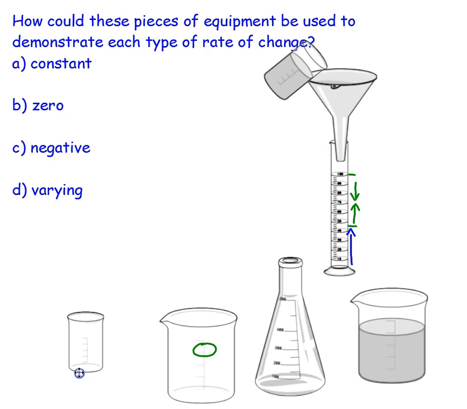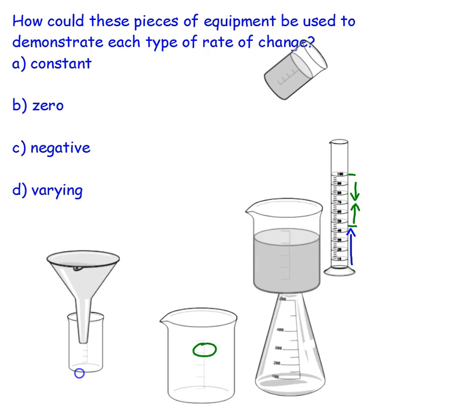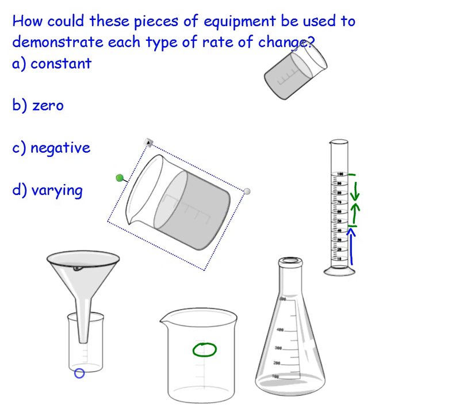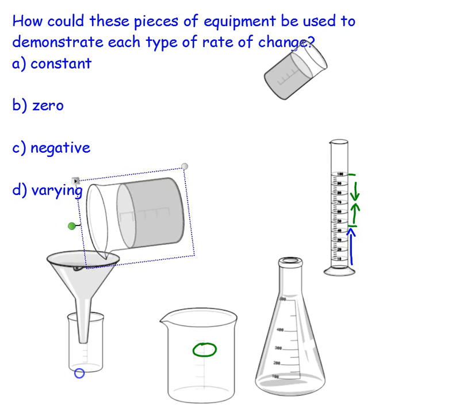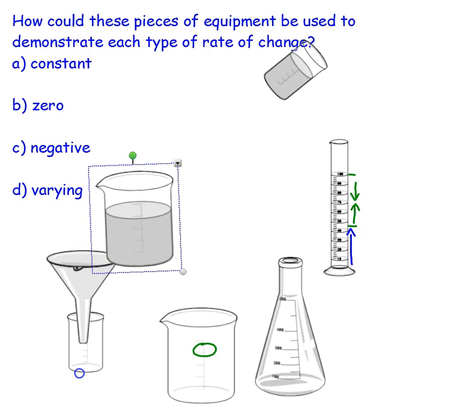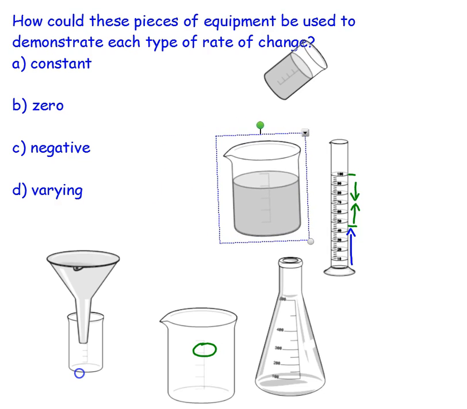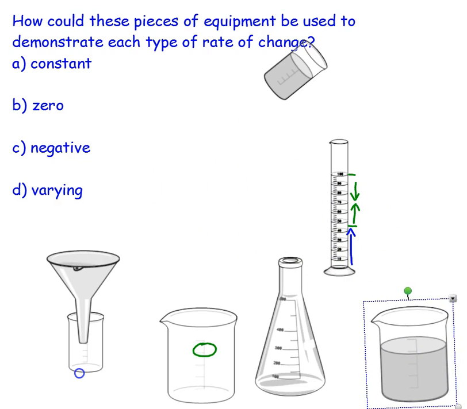Varying rate of change probably could be accomplished by pouring something at a non-constant rate. So maybe taking your big beaker and pouring a little bit at a time and then gradually increasing the amount that flows, and you'd probably achieve a varying rate of change. Another way would be to use something that doesn't have a uniform diameter.